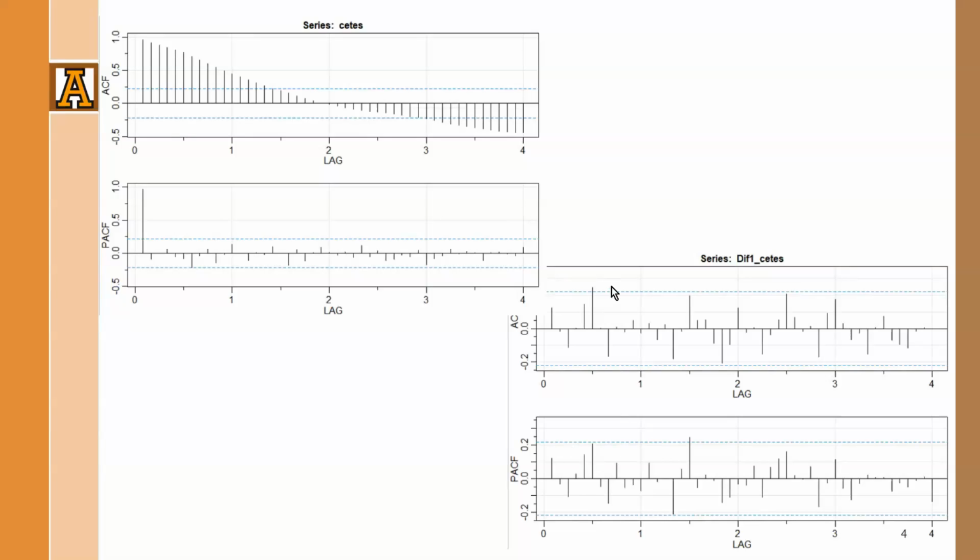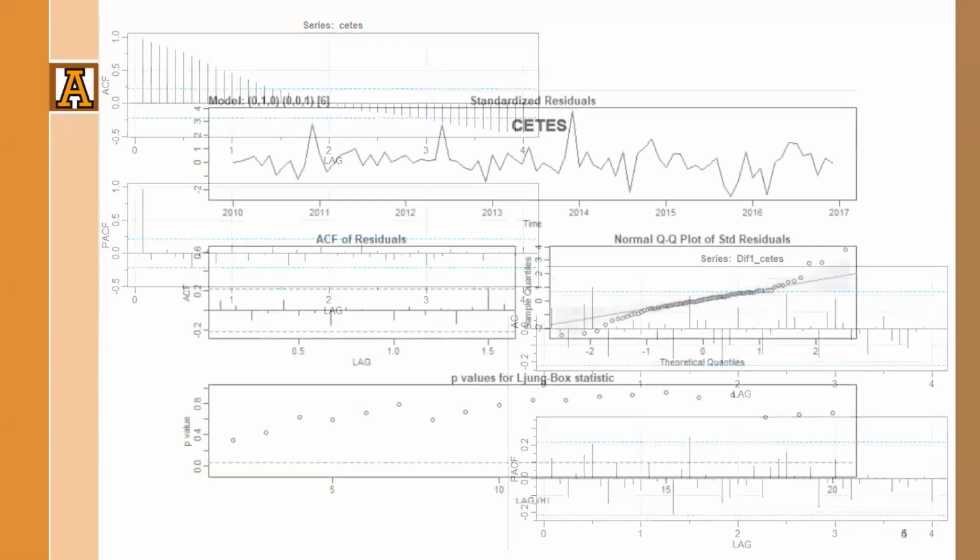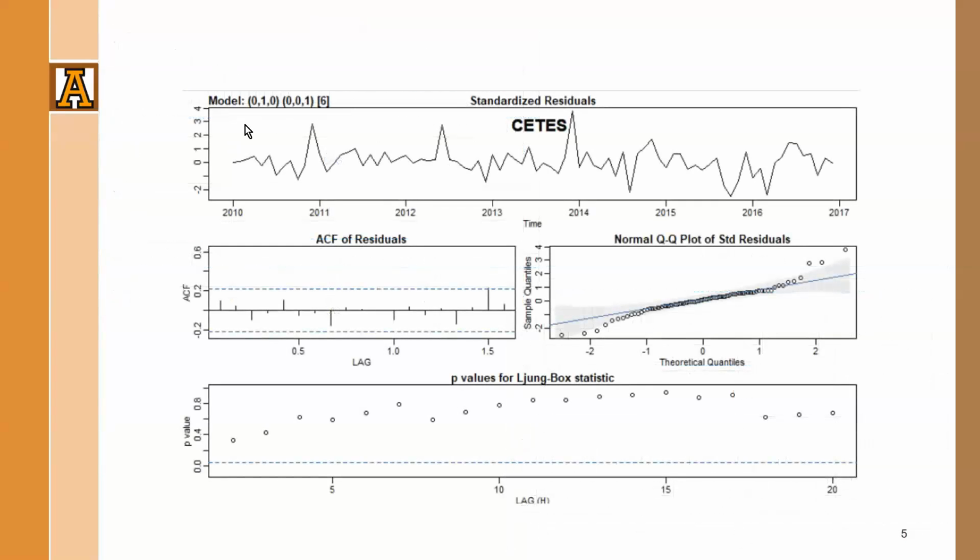So that may be an indication that I have a moving average model with seasonality 6, a seasonal moving average model. So that's the first model we're going to try here. We try to fit a SARIMA. I don't see any autoregressive terms in the ACF or PACF of the non-seasonal part. There's one difference.